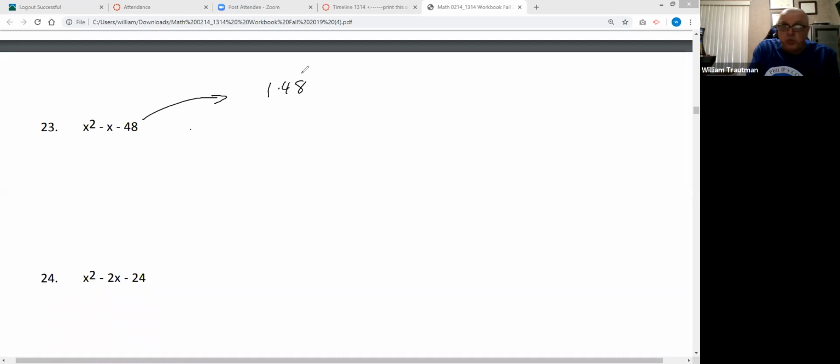48 divided by 2 is 2 times 24. 48 divided by 3, 3 times 16 is 48. 48 divided by 4 on my calculator is 12. 4 times 12 is 48. 48 divided by 5, oh, no, that's a decimal. 48 divided by 6, 6 times 8 is 48. 48 divided by 7, decimal. 48 divided by 8, I already have it.